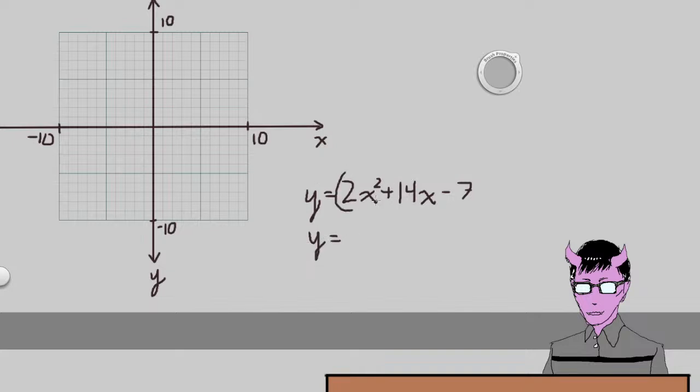So this one, slap on parentheses and factor out the 2. And lo and behold, here's where things become nasty. Half of 14 is 7. It's disgusting. I know. What's half of 7? It's going to be 7 over 2. What's 7 over 2 squared? It's 49 over 4.